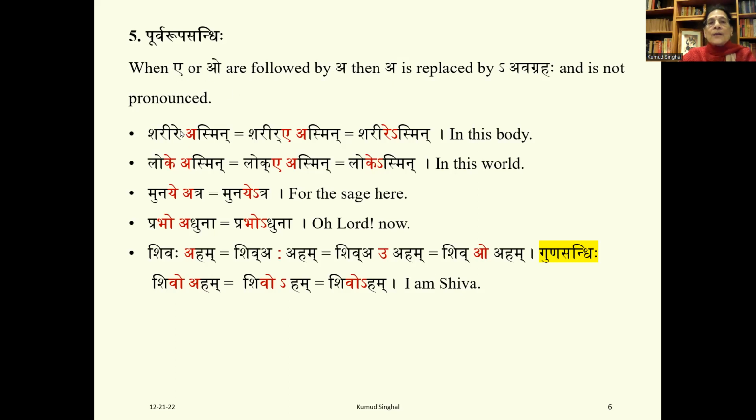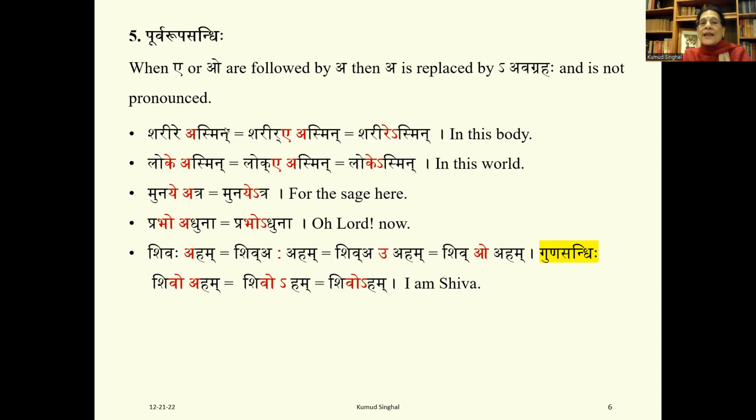So for example, Sharire asmin. Sharire is e, and asmin starts with a, so a is following e. This a is replaced by this avagraha and is not pronounced. So it will be Shariresmin. You don't pronounce the a. Sharire is the saptami vibhakti ekavachanam. Asmin is, in this body.